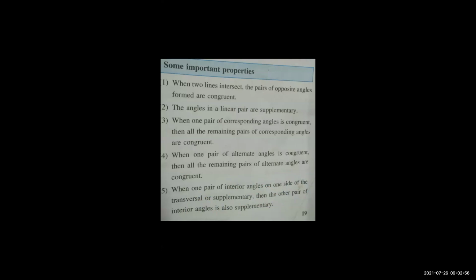Now the third property: when one pair of corresponding angles is congruent, then all the remaining pairs of corresponding angles are congruent. Now the fourth property: when one pair of alternate angles is congruent, then all the remaining pairs of alternate angles are congruent.